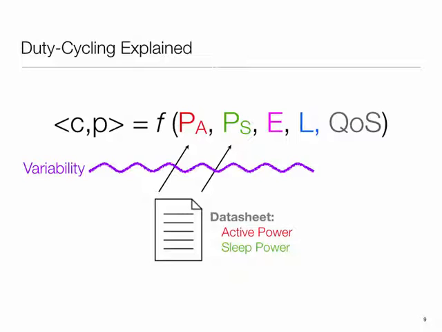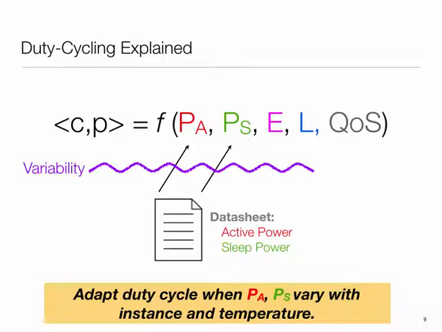And finally, application service quality requirements also change. So what all of that results in is that the C and P that we decide are usually not fixed. You could operate it that way, but then you are either going to miss out on performance, or you are going to be conservative in the sense that you may leave energy unutilized.